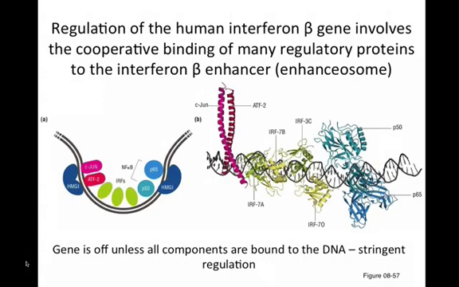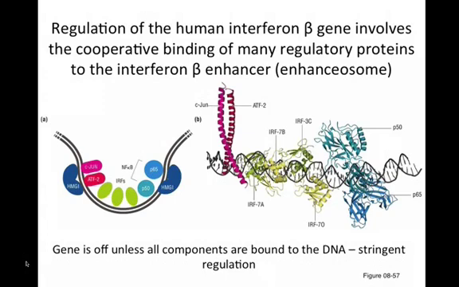You've got NF-kappa B, you've got P50, P65. You've got these IRFs, interferon response factors, right? And then you've got JUN and ATF, right? So the gene is actually off unless all of these proteins are upregulated and can enter the nucleus and bind to the DNA and activate gene expression.